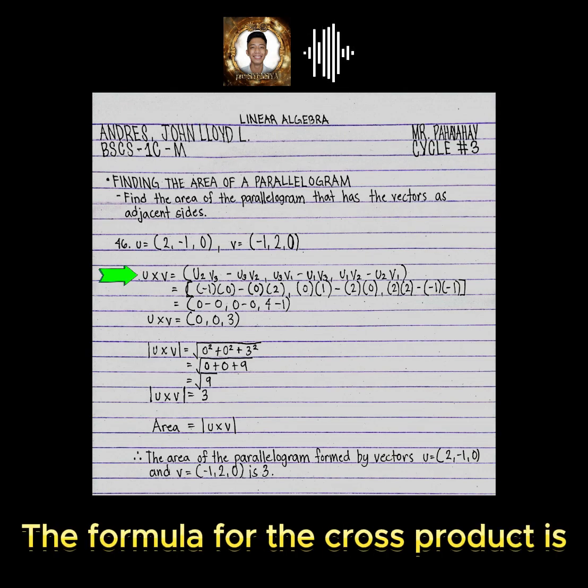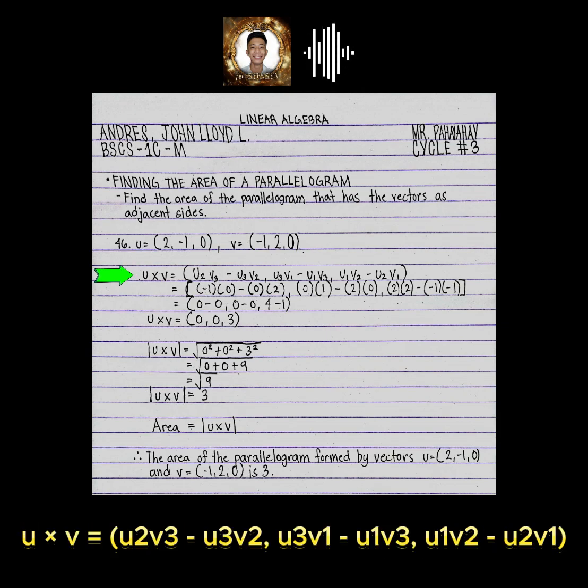The formula for the cross product is u times v equals the quantity of the product u sub 2 and v sub 3 minus the product of u sub 3 and v sub 2, the product of u sub 3 and v sub 1 minus the product of u sub 1 and v sub 3, and the product of u sub 1 and v sub 2 minus the product of u sub 2 and v sub 1.